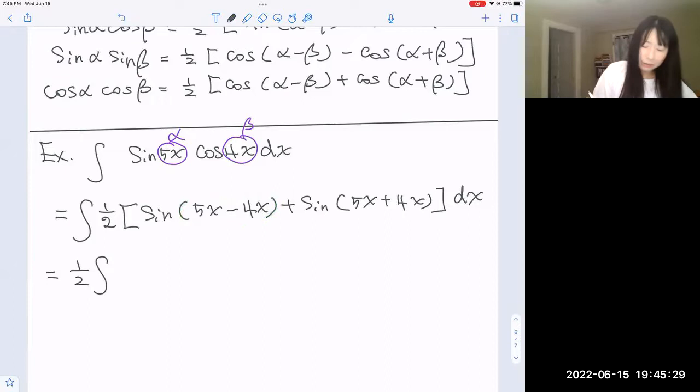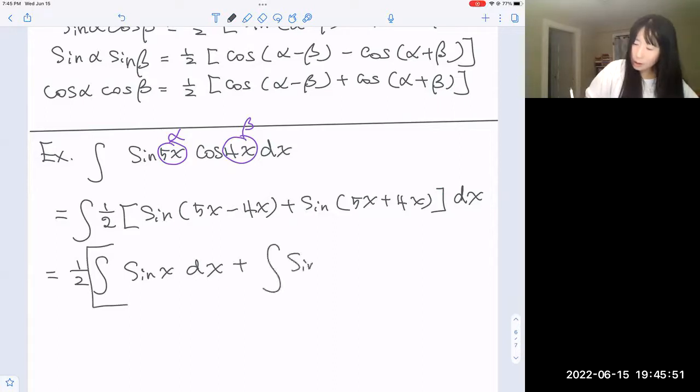What do you have? Just x. Good. And we have sine 9x. Since we have two terms, let us save one step. Plus sine 9x dx.